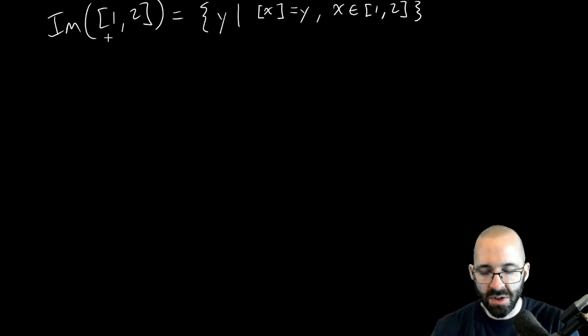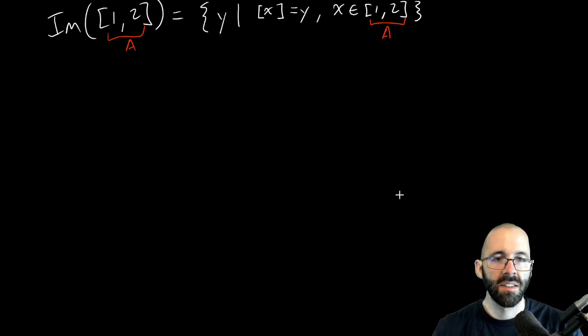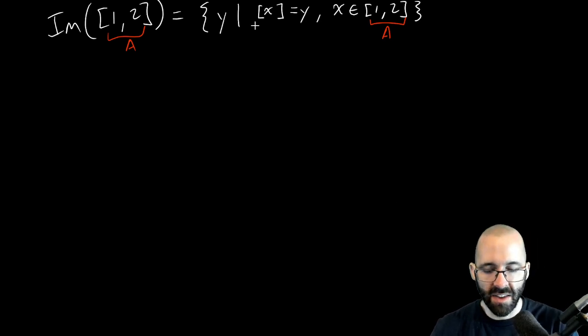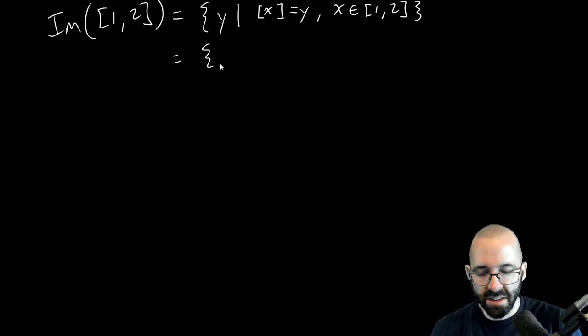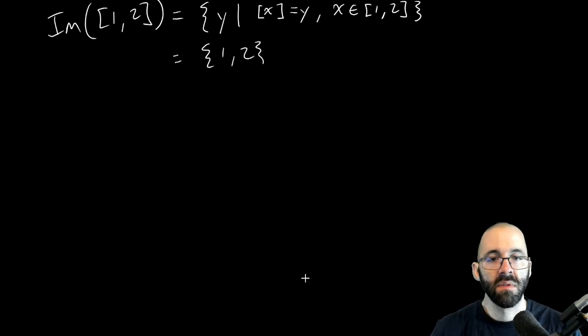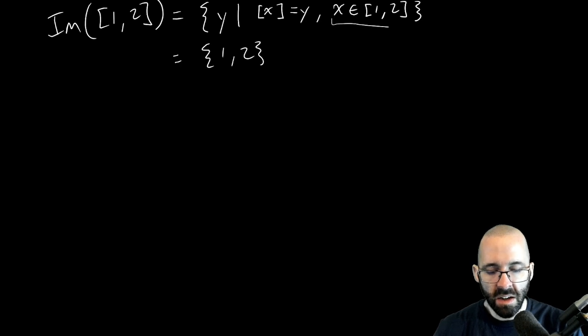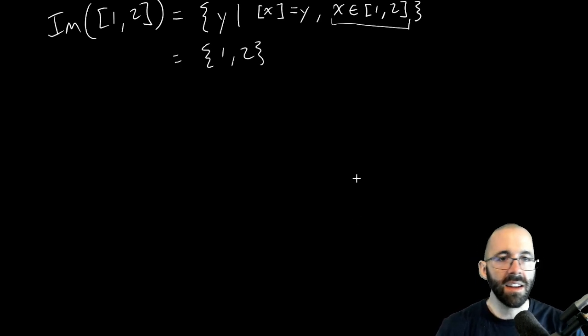In general, the image of some set A is this exact definition, where this is just A and this is F right here. So we really kind of have the arbitrary definition of image right here. But anyway, the answer is 1 and 2. If you find the nearest integer to anything in this interval, yeah, it'll either be 1 or 2.